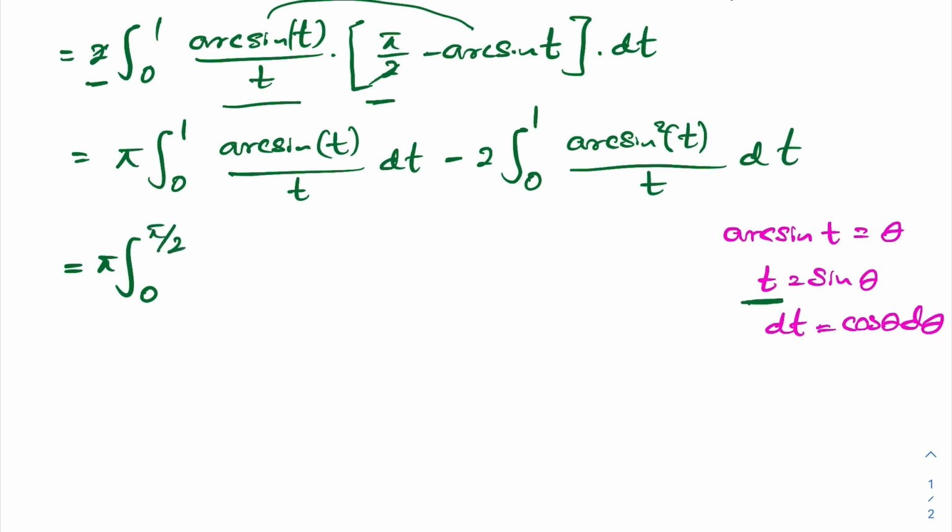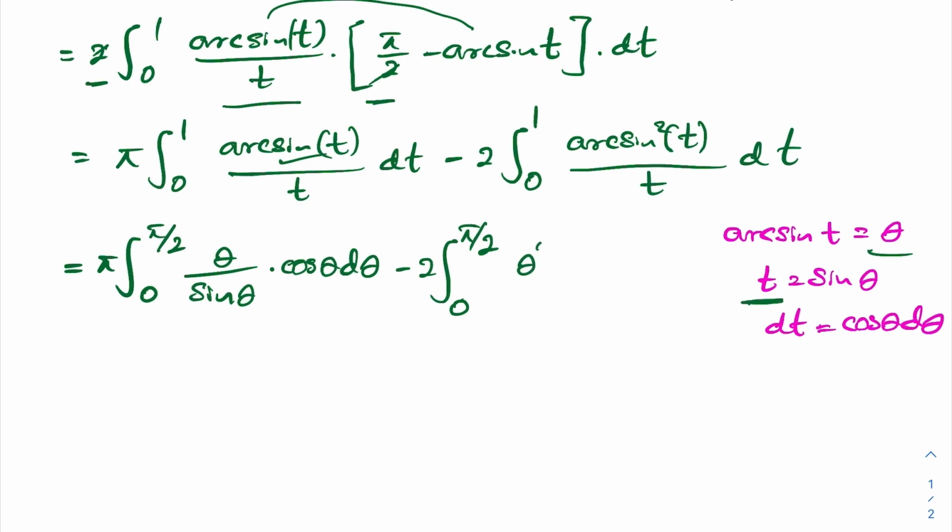So 0 to pi over 2 of theta over sine of theta times cosine of theta d theta, then minus 2 times again limits 0 to pi over 2 of theta square over sine of theta times cosine of theta d theta.